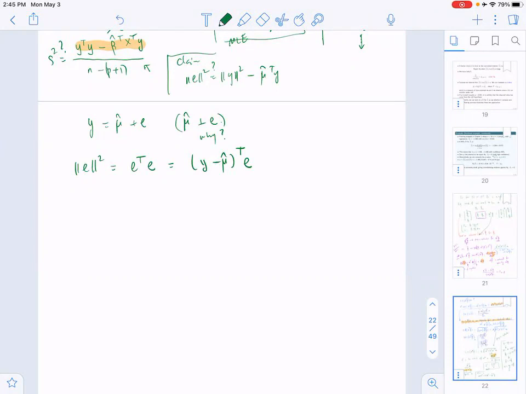So what do I conclude? Y transpose E minus mu hat transpose E. Can I simplify?